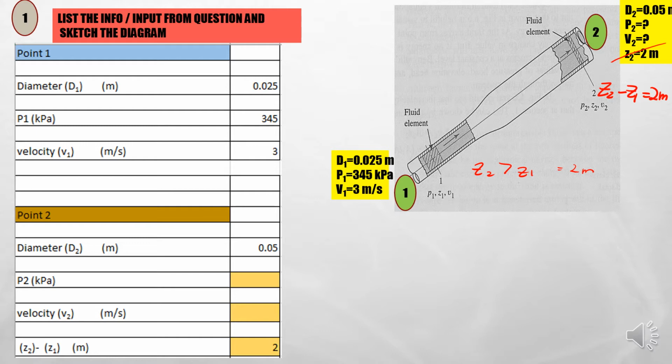So that's why I segregate the information at point 1 and at point 2. At point 1, the diameter, P1 and V1 are provided. At point 2 you only have information about D2 and Z2 minus Z1, but the info about P2 and V2 you don't have. In fact, this is the info that you need to determine based on the question.